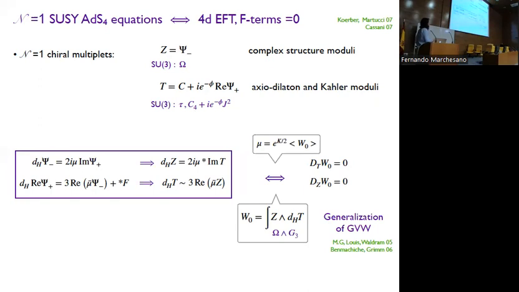And again, if you restrict to SU3 structure, you get the Gukov-Vafa-Witten superpotential. So this is omega, and this is the combination of so maybe since how I put it here is not very obvious, but you get the Gukov-Vafa-Witten superpotential.